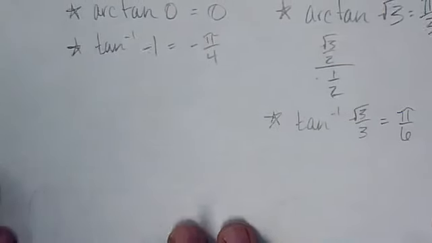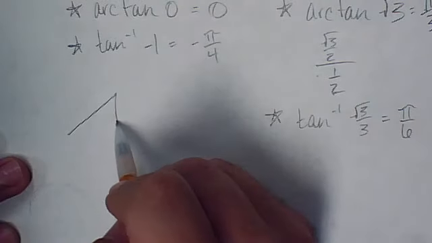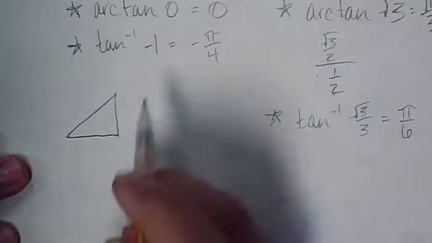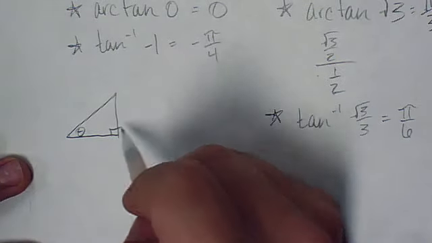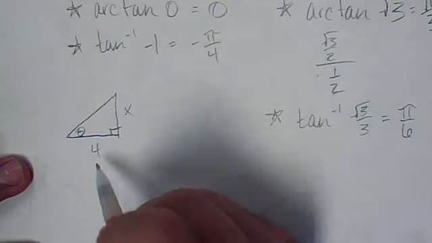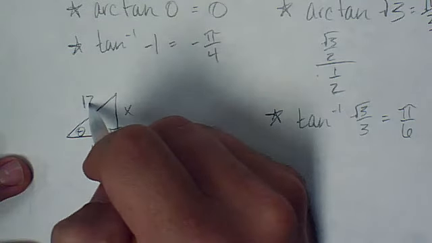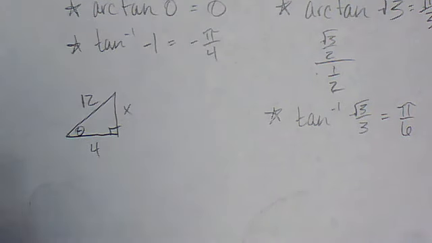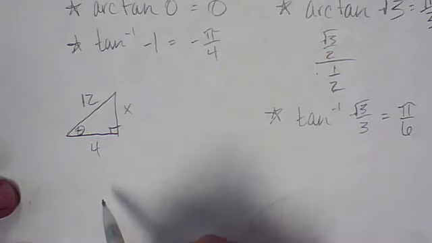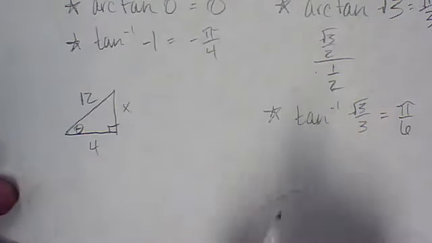So lastly, on your homework, you're also going to see some problems like this. I've had some people asking questions, so let me show you one of these real quick. Let's say that this is x, this is 4, this is 12. And you're asked to write an inverse tangent function that would solve for x. Or just an inverse tangent function.